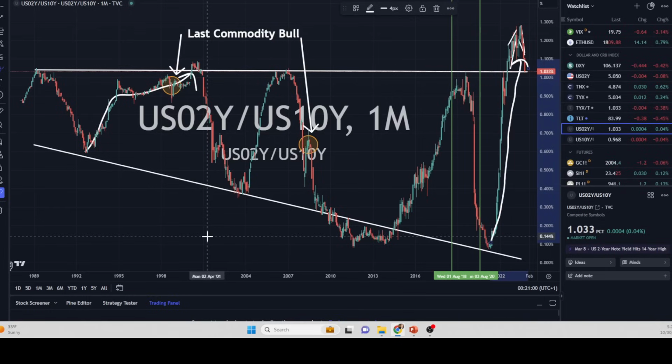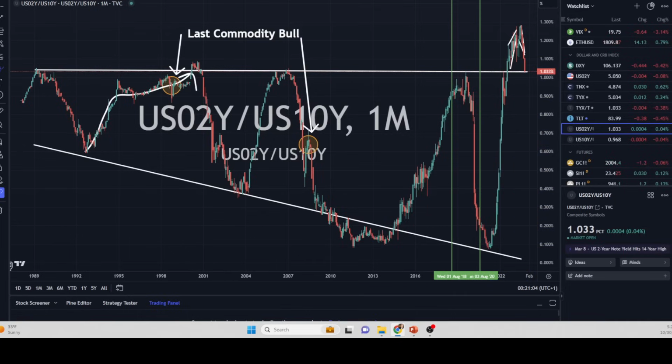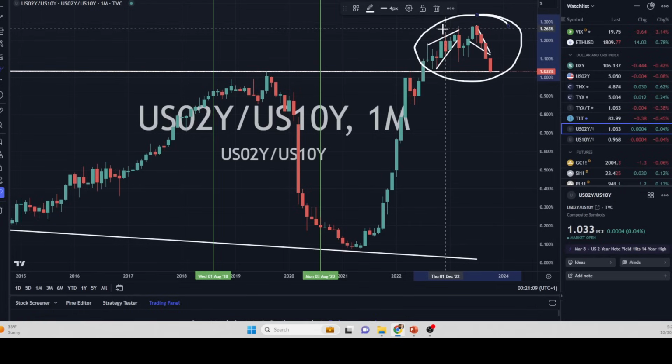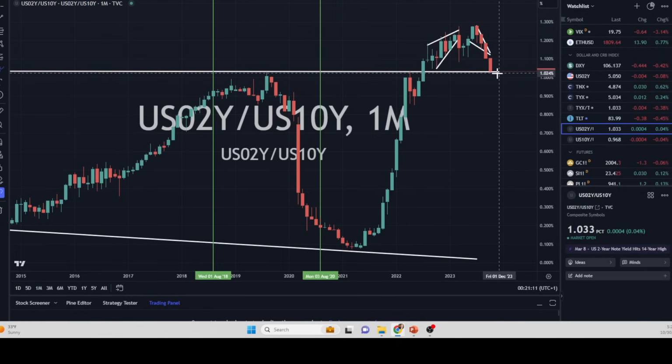That puts us in that upper right-hand quadrant. As we stay up here, that puts us more towards the left-hand quadrant, but it depends on what this is doing. And I'll show you what I mean by what the 2 year and the 10 year are doing. I'll show that here coming up.